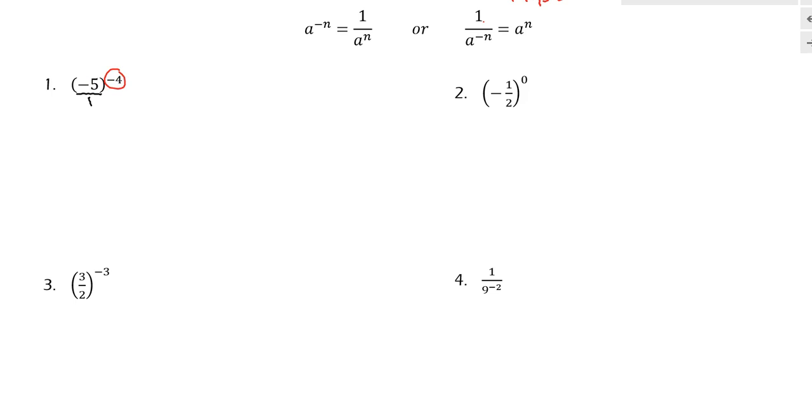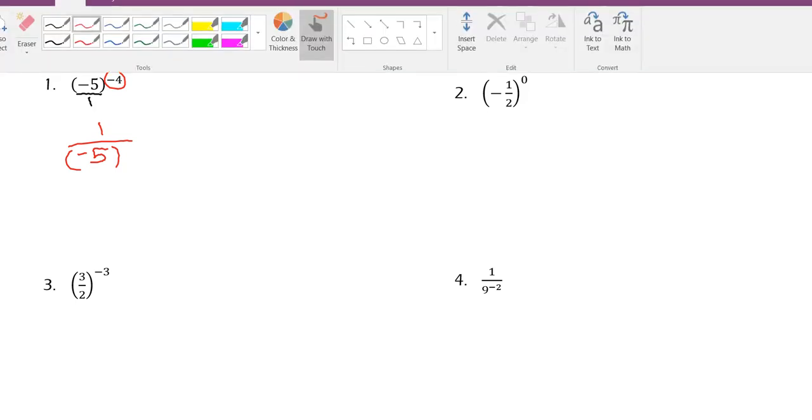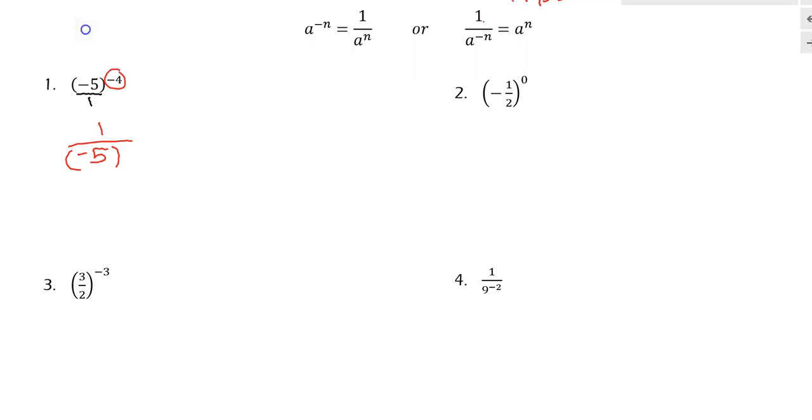So it's negative 5 over 1, so I'm going to do 1 over negative 5. I'm still going to have the parentheses around the negative base, and then that exponent becomes positive.